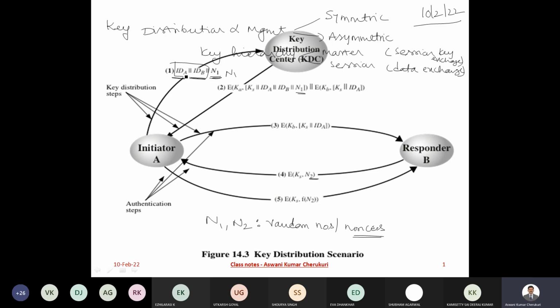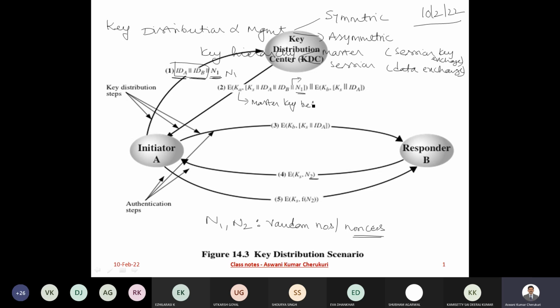The N1 that A has sent is included here. The symbol given here is the concatenation symbol. So you notice IDA, IDB and the nonce. The KDC responds by encrypting the message with the help of a master key.